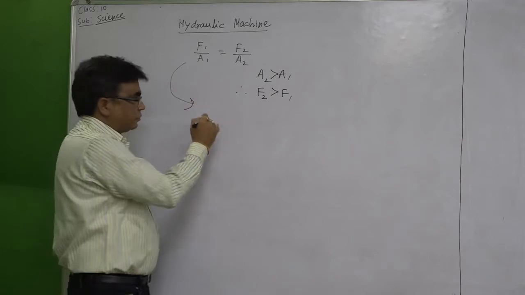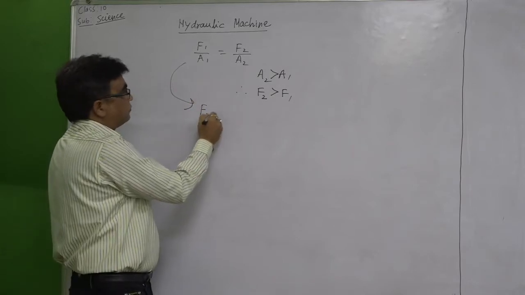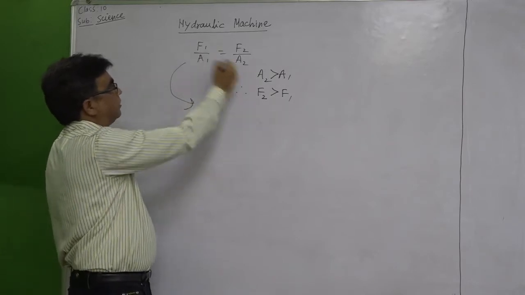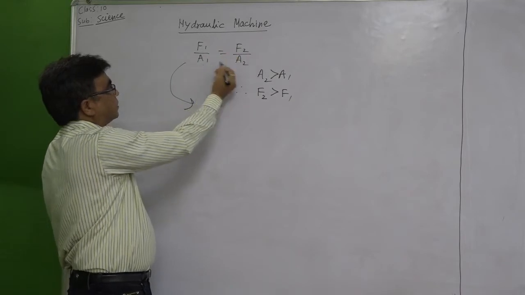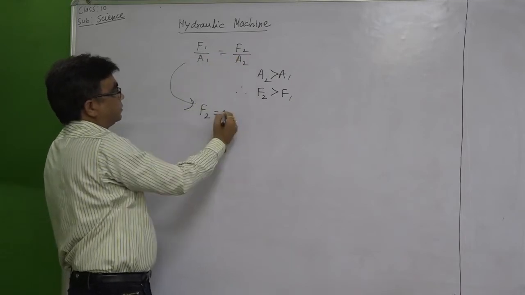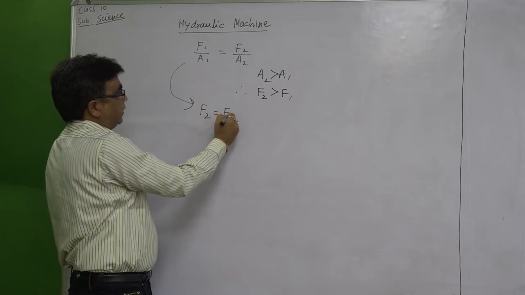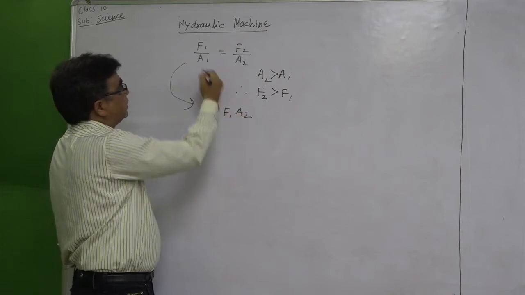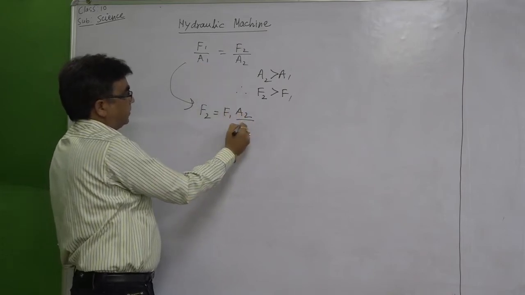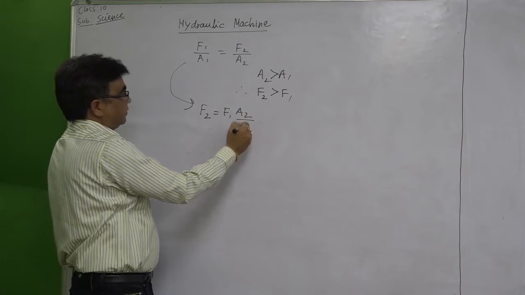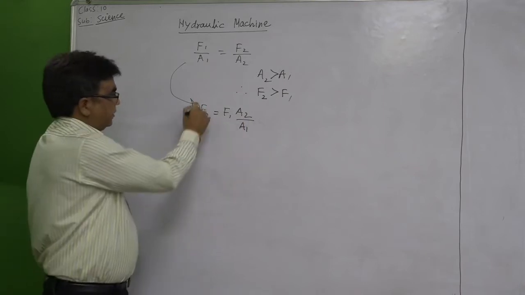How much will F2 be? If you do the cross multiplication, F2 A1 equals F1 A2, so F2 equals F1 A2 upon A1. This is the formula.